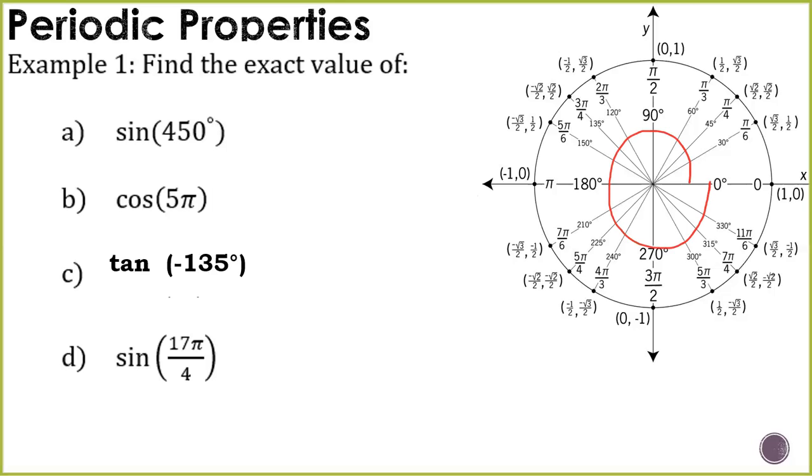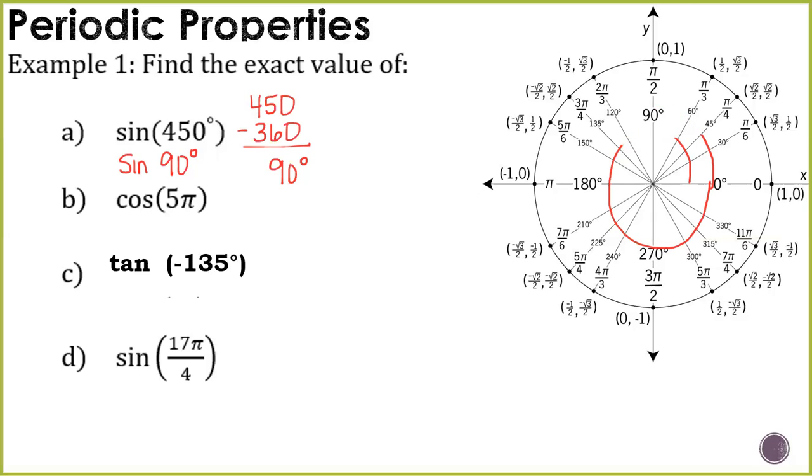So if I take 450 and I subtract from it 360, I actually get 90 degrees. So what that tells me is that the sine of 450 is the same as the sine of 90. So my rotation, I'm going around one full revolution, then I'm going around and I'm going to stop right here.